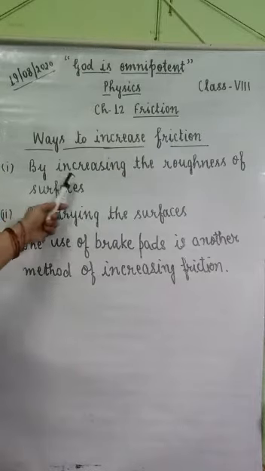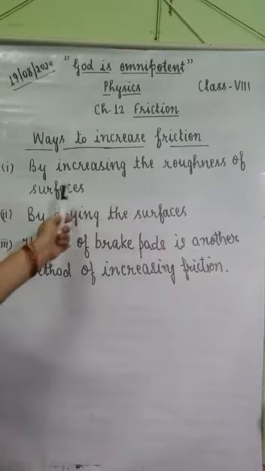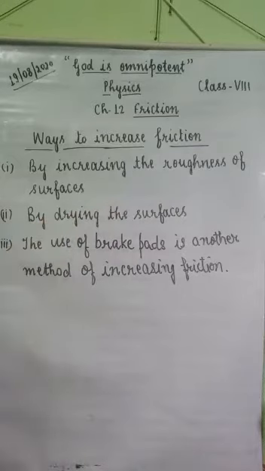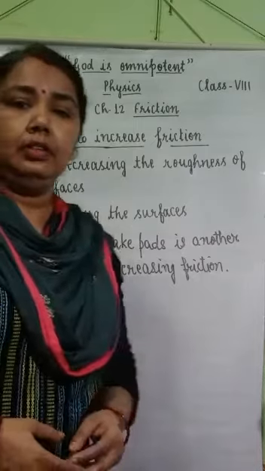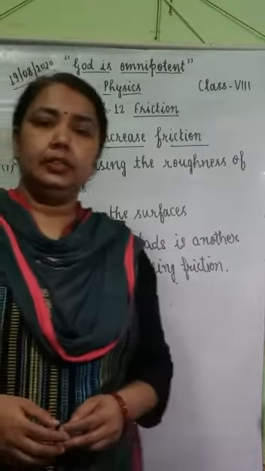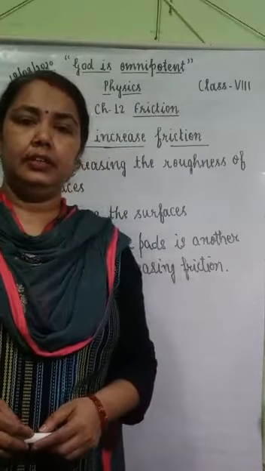First is by increasing the roughness of surfaces. When a surface is rough, then friction will be high. You have seen that the soles of shoes are rough and treaded tires are used in vehicles.